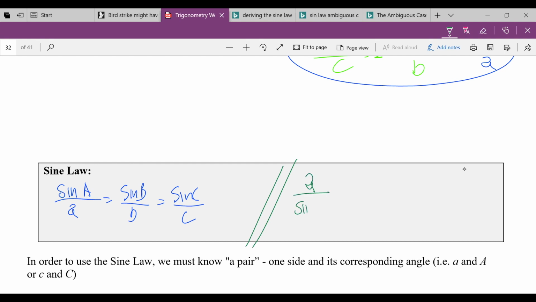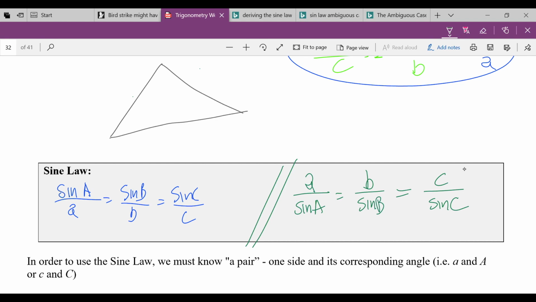A over sine A must equal B over sine B, which must equal C over sine C. If one is true, then the inverse relationships are also true. So what kind of triangles are these good for? Well, they're good for non-right angled triangles like that, where you have one angle and a side length, and perhaps another side length, and no angle.